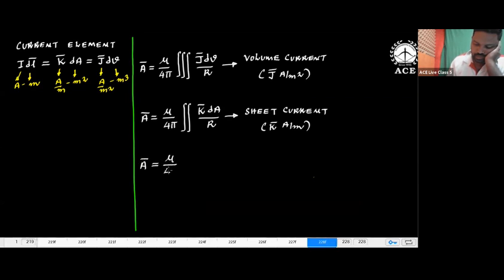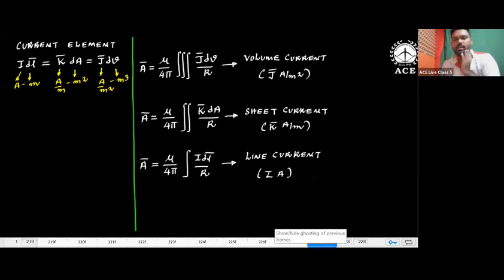Here it is mu by 4 pi line integral of I dl by R, beta. This is for the line current. Here it is I. Units are ampere, not ampere per meter.